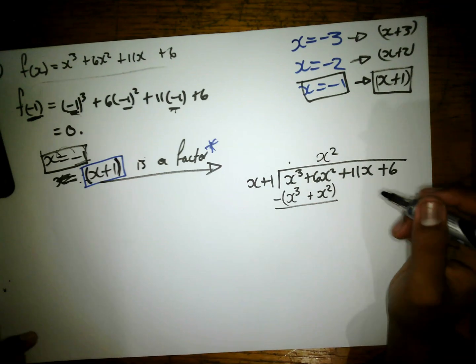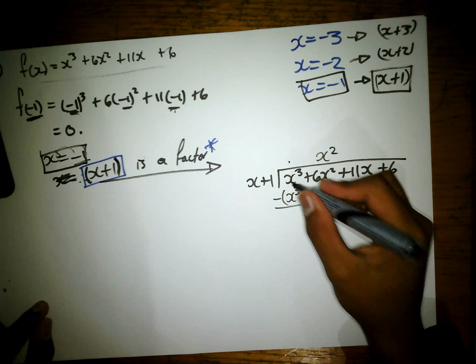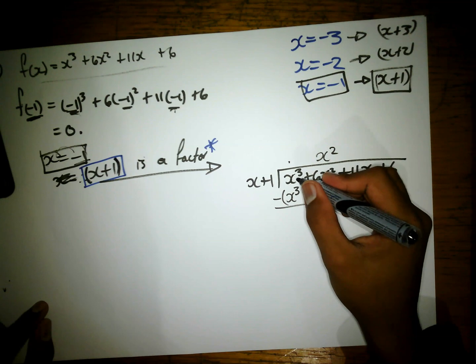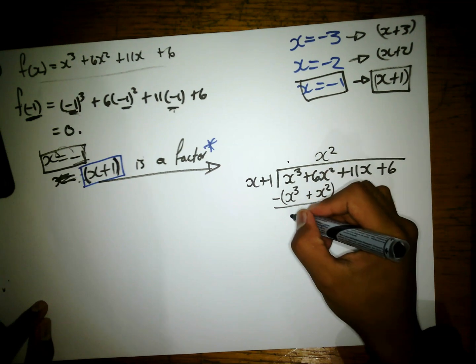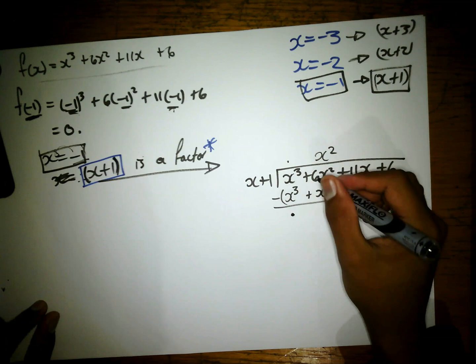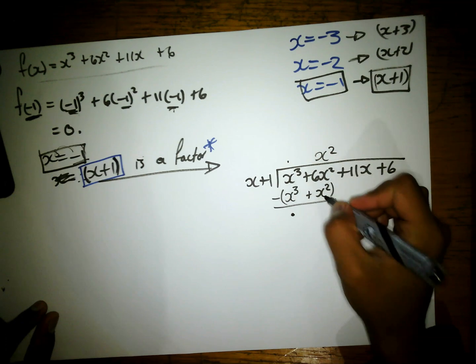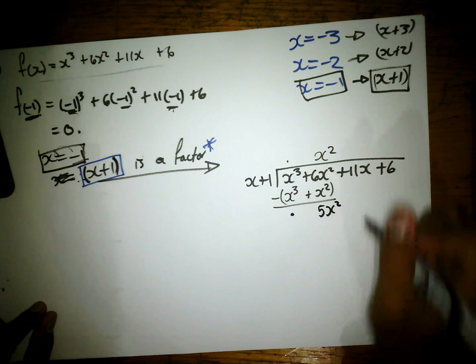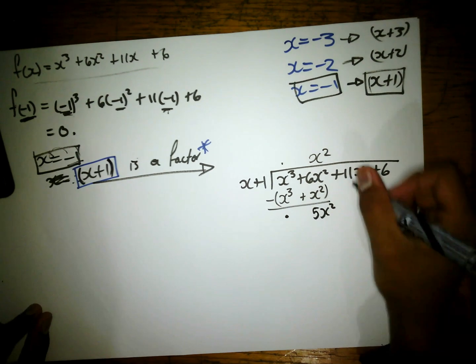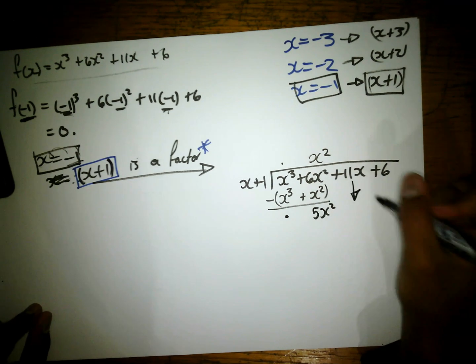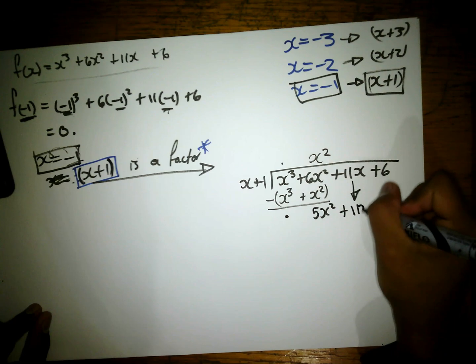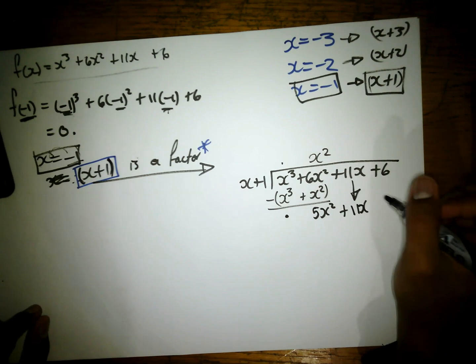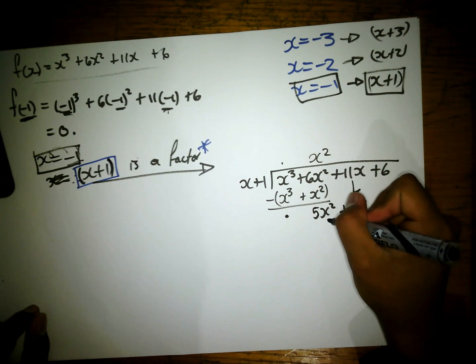So x cubed minus x cubed is nothing. 6x squared minus x squared is 5x squared. Then we bring down the next number, 11x.